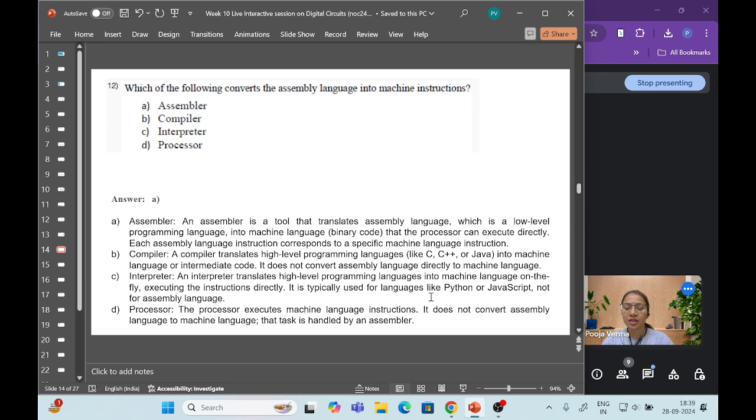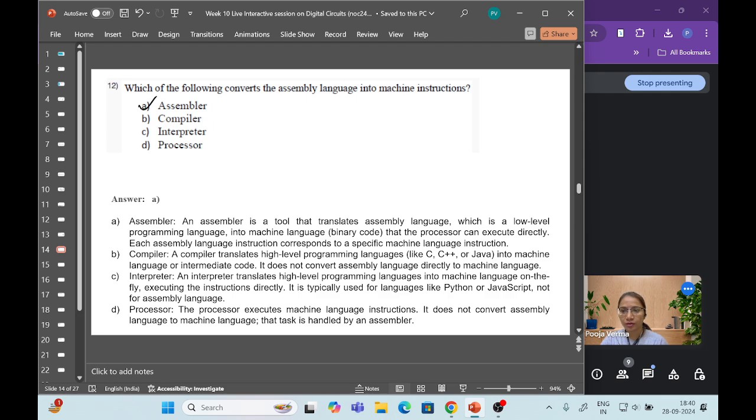Interpreters translate high-level programming languages and execute instructions directly, but they are used for Python and JavaScript, not for assembly language. And while processors can execute machine language instructions, they do not convert assembly language to machine language. So the assembler is used to convert assembly language into machine instructions.